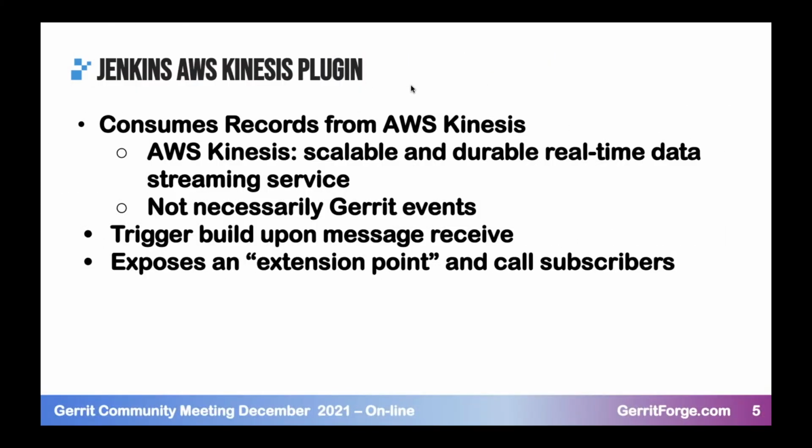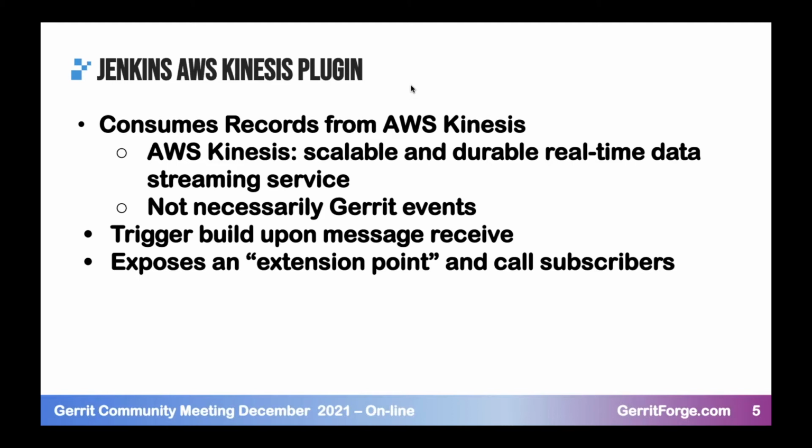So what is this Jenkins AWS Kinesis plugin? First of all, what is Kinesis? Kinesis is an AWS product. By definition from the Kinesis page, it is a scalable and durable real-time streaming service. And what does this Jenkins plugin do?